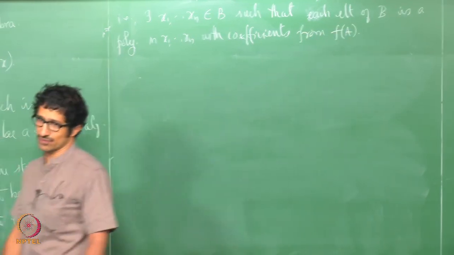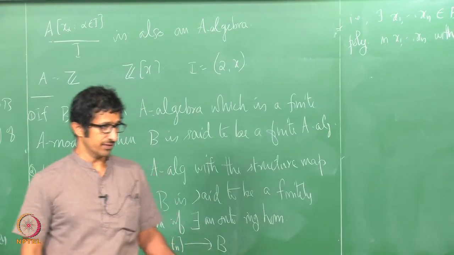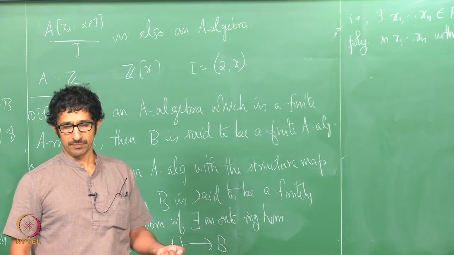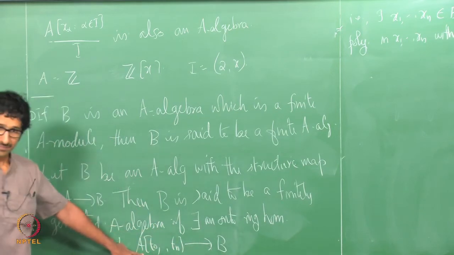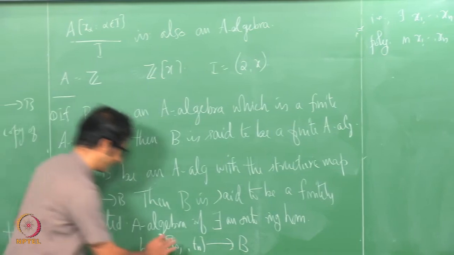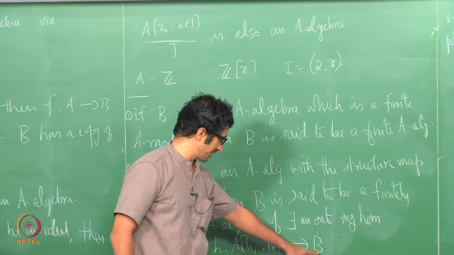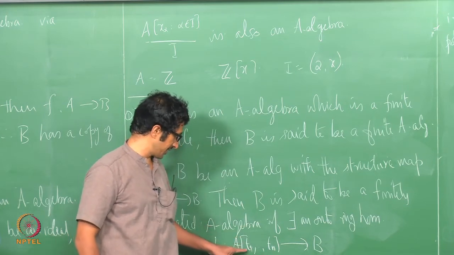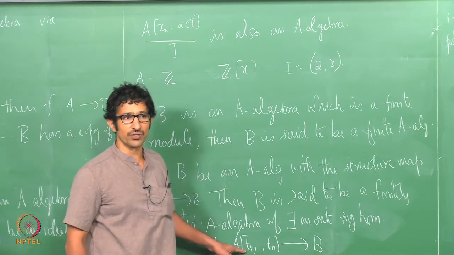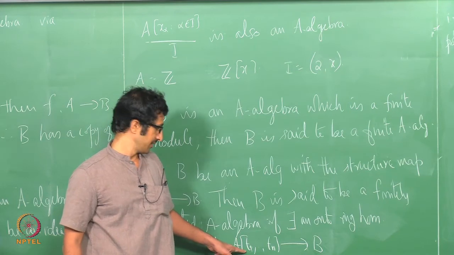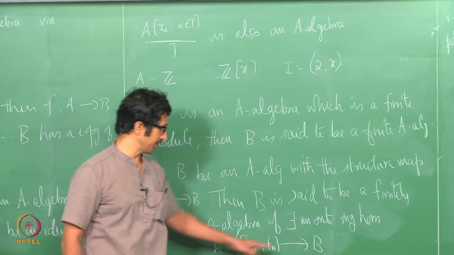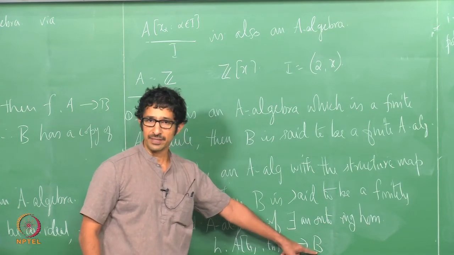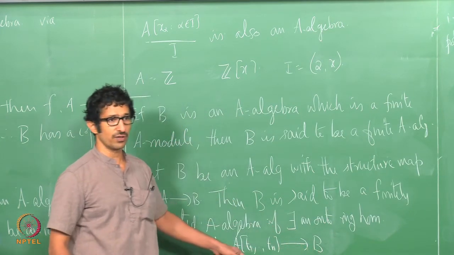We can write A or f(A), because when you write A, by definition it will be f(A). In other words, B will be some finitely generated polynomial ring modulo an ideal. By the first isomorphism theorem, if I have an onto ring homomorphism like this, B is isomorphic to the polynomial ring modulo the kernel.